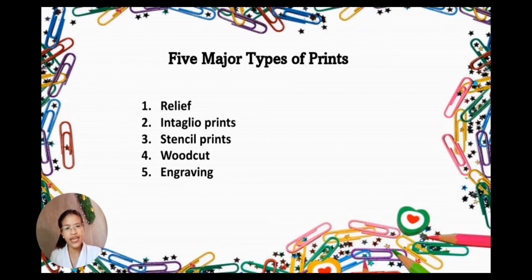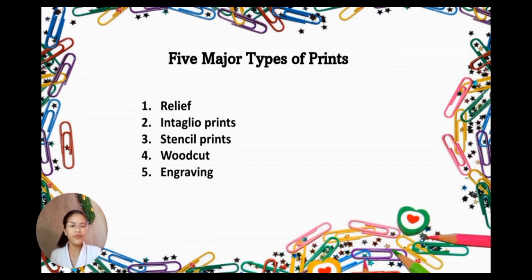So we have the intaglio prints. So intaglio prints are made when a design is scratched into a matrix, usually a metal plate. So ink is wiped across the surface and collects in the scratches. Excess ink is wiped off, and paper is pressed onto the plate, picking up the ink from the scratches.